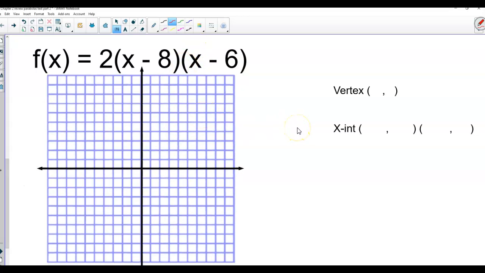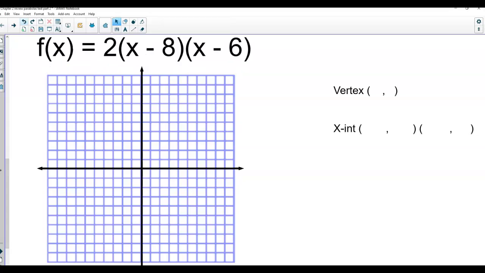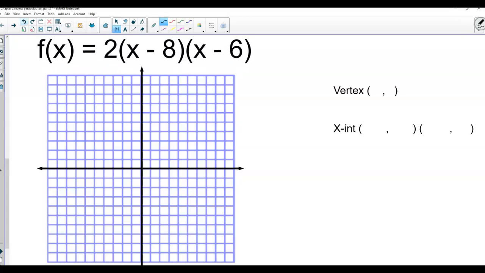Okay, so the vertex we'll get to in a second. What makes this equal to 0? 8 and 6. So therefore the x-intercepts are 8, 0, and 6, 0.